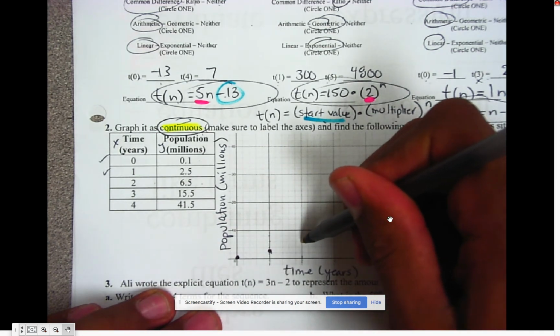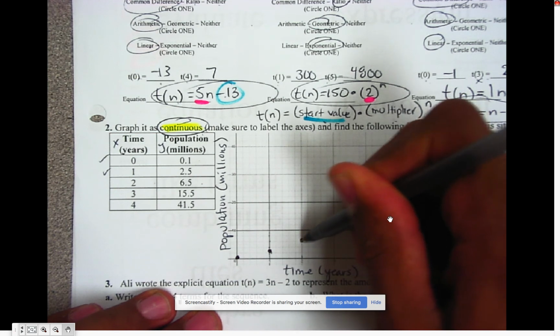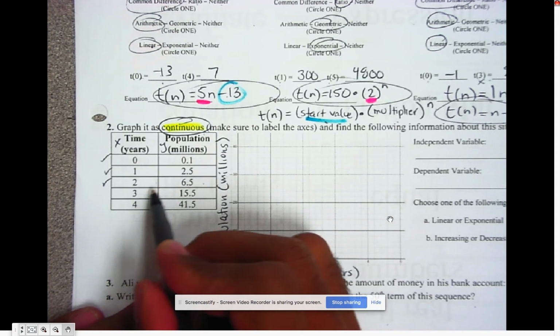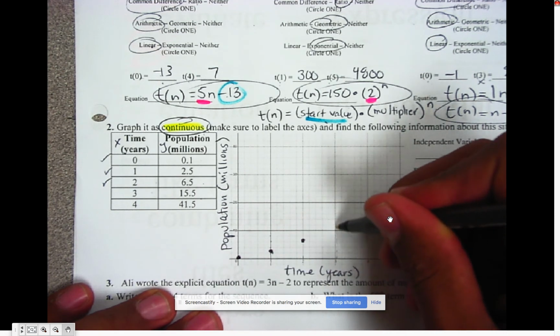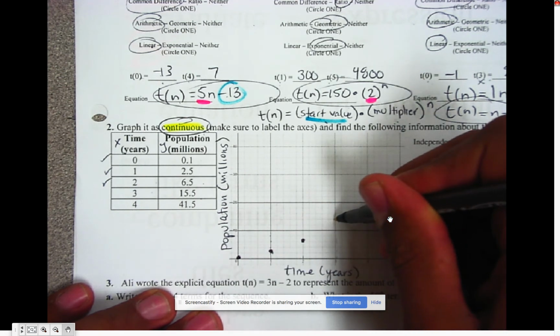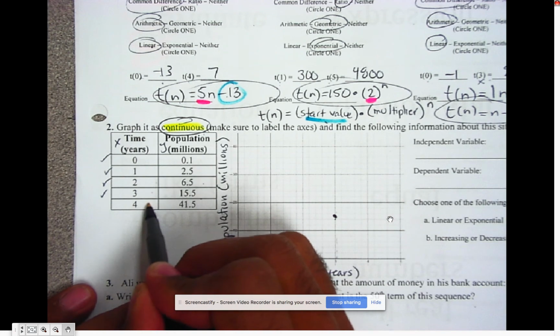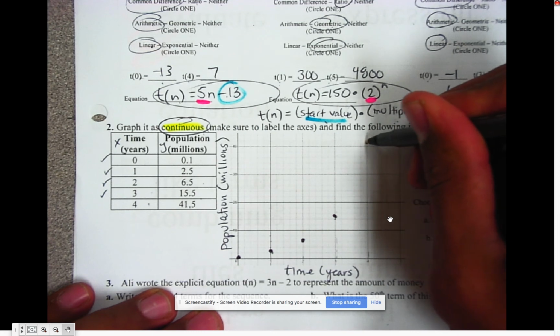There's 6, so 6.5 is about there. So 3 and 15.5. That's 14, that's 16, so about right there between. And then 4 and 41.5. I'm going to go up to about 42, so 41.5 is a little bit below.